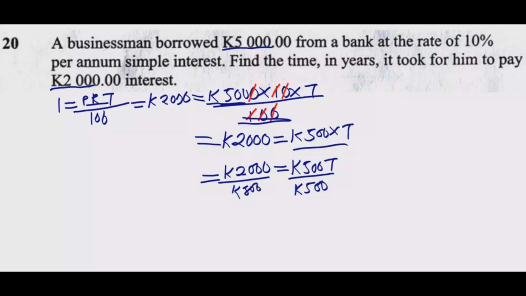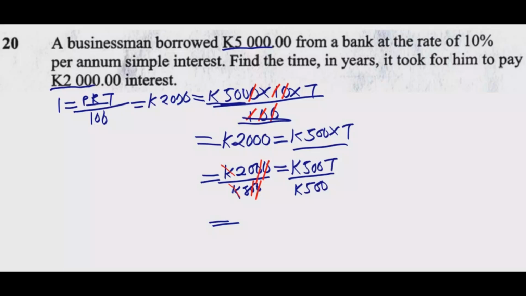Then we say equal to. The K here and K here will cancel each other out, leaving us with 500 and 2,000 on top. This 0 down and this 0 on top will be cancelled, leaving us with 20.